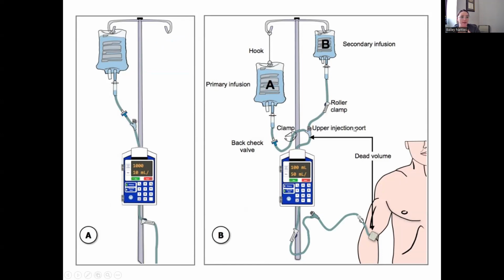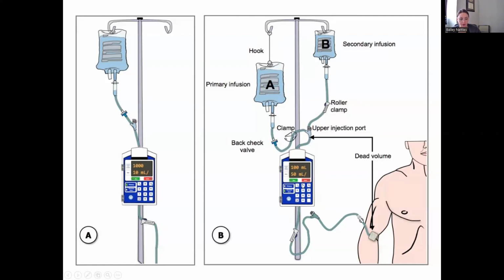This is a secondary line. So now I have my normal saline going, but I need to hang an antibiotic for 30 minutes. Most secondary or piggyback lines come with a little hook. We want to use the hook on that primary line because we want to use gravity to help us, right? Something higher is going to drip faster than something lower.